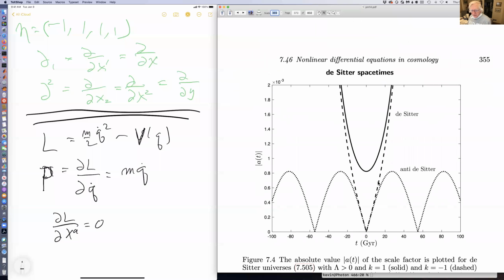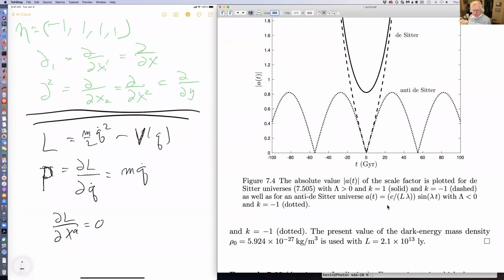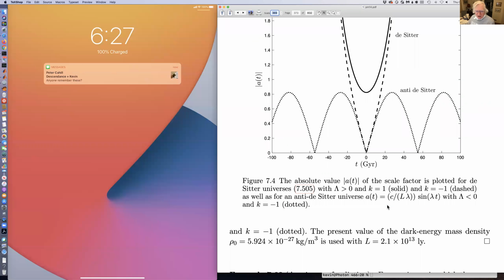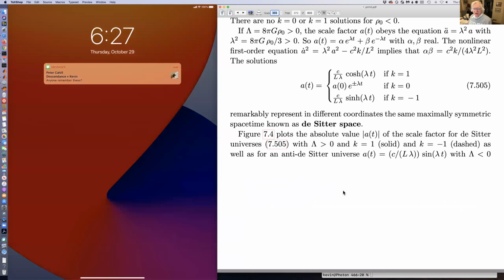And so with that, we can then consider spacetimes that are at negative time, and then we have this bouncing universe, or a universe that bounces this way. And whether you have this or that depends upon whether the dark energy is positive or negative.